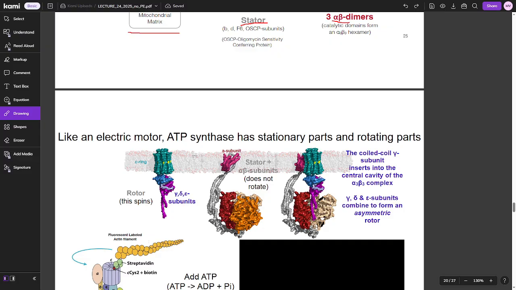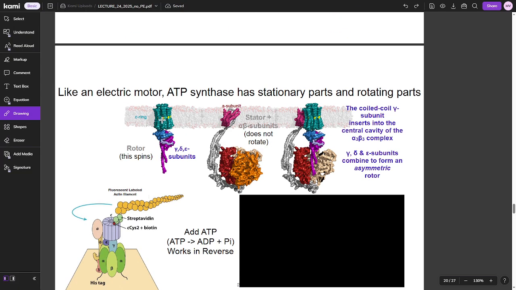The cool thing about this whole model is that ATP synthase spins, right? But the alpha beta subunits actually don't rotate. What does rotate is the gamma, epsilon, and sigma subunits. These are what spin.